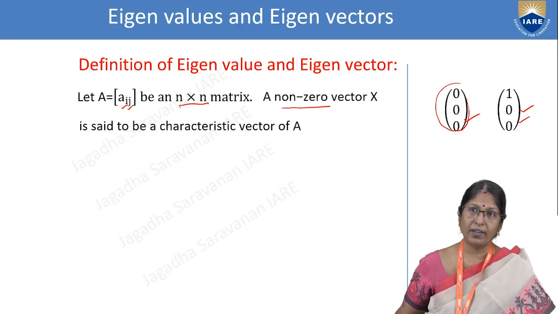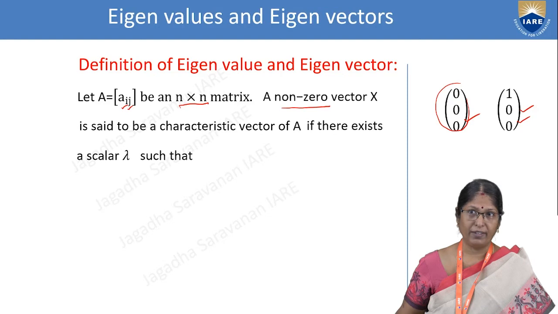It is said to be a characteristic vector of capital A if there exists a scalar lambda such that Ax equal to lambda x. This is the definition. Ax equal to lambda x, where x is not equal to 0.